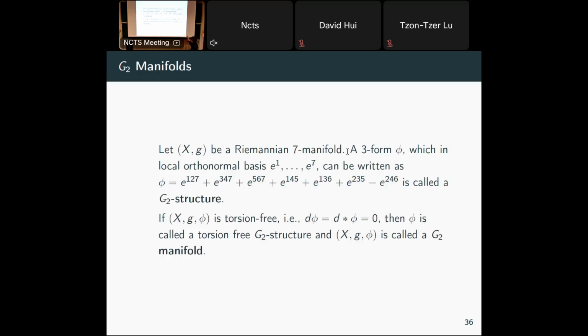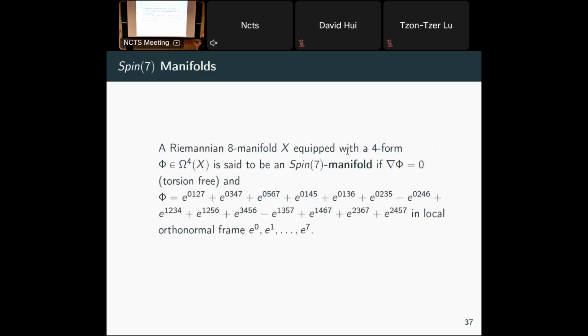Further, you need a torsion-free condition. The d of this 3-form should be 0, and then your manifold will be called a G2 manifold. Just think of dφ equals 0 as compared to your Kähler form being closed and the holomorphic 2-form being closed as well. Now for Spin(7), we'll do the same.